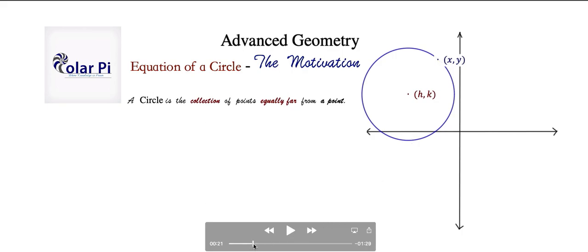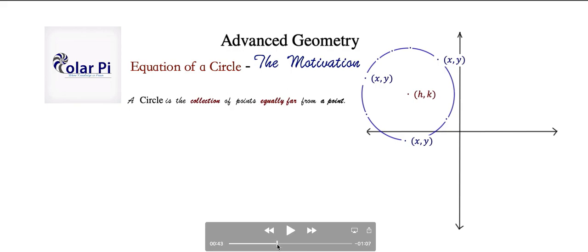So (x, y) could move here, and whatever the distance was from here to here would have to be the same as the distance from here to here, and of course we call that distance r. And so r would have to be the distance from this other (x, y) to this center point (h, k). In fact, regardless of where on the circle (x, y) is, the distance from (h, k) to a point on the circle would have to be r, the radius.